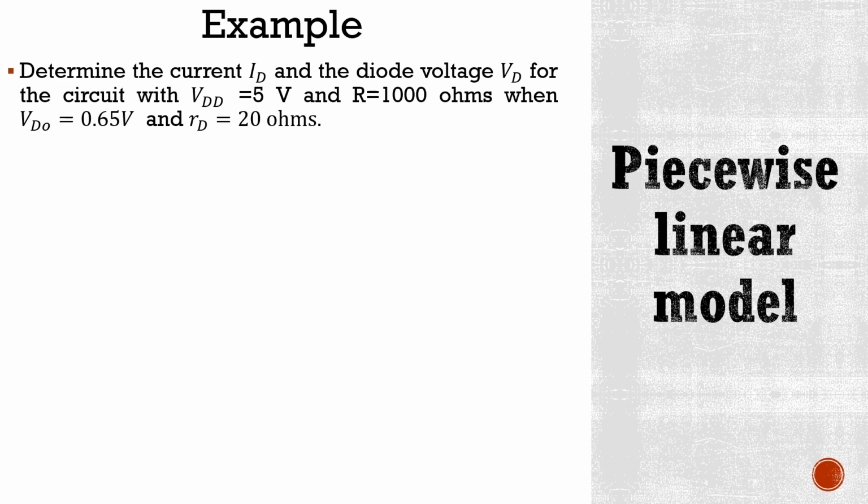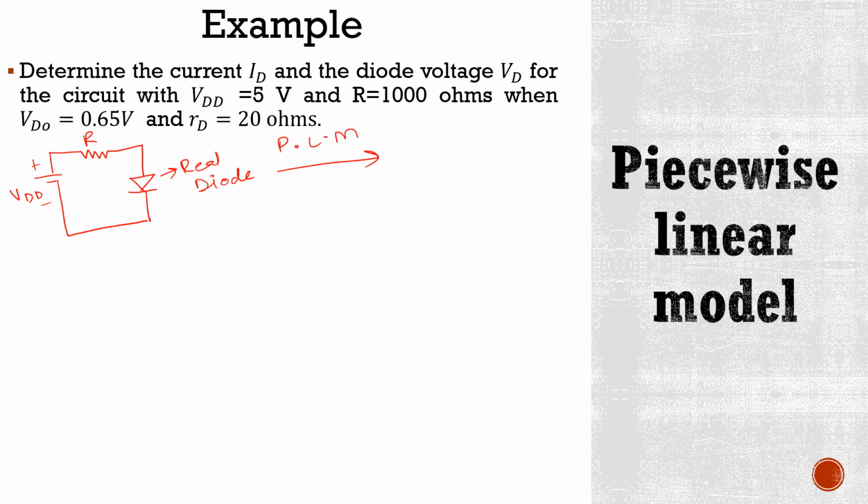Now if you have a real diode model which looks like this, where this is the resistor, this is VDD and this is your real diode. Now what will be its equivalent piecewise linear model?